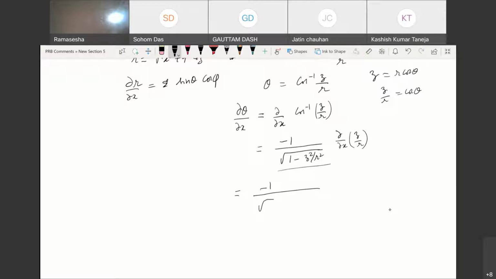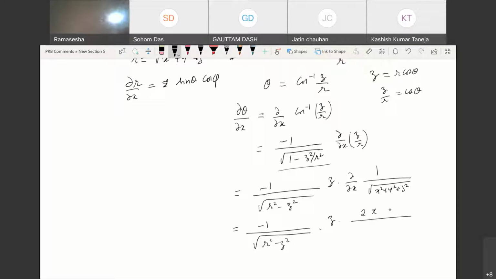And del by del x of z by r is equal to z into del by del x of 1 upon root of x squared plus y squared plus z squared. So this will give me minus 1 divided by square root of r squared minus z squared times z times 2x divided by x squared plus y squared plus z squared to the power 3 by 2.